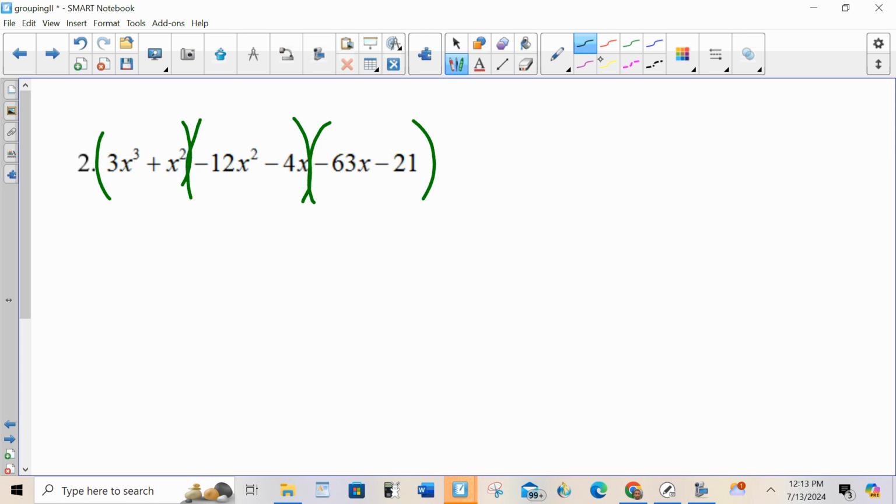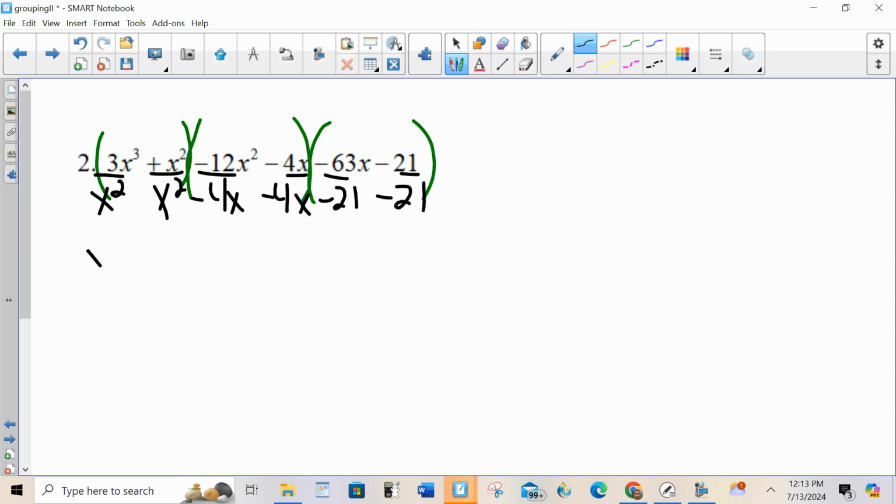Find the GCF of each group. GCF of the first group is x squared. Second group is negative 4x. Remember, there's a negative in front of a group. Pull a negative out with the GCF. The third group is negative 21.